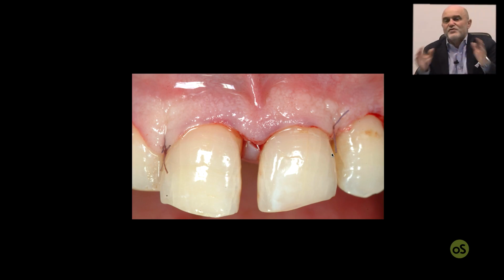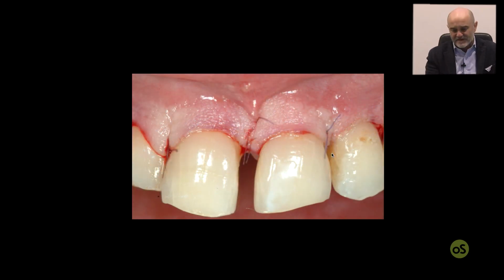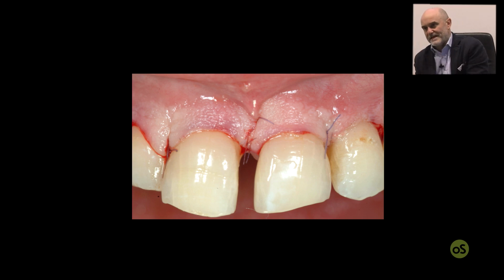That is something that can occur even if you open only one papilla, even if you are less invasive. So invasivity means, yes, I open the flap, I get it free from muscles, so I'm more invasive.